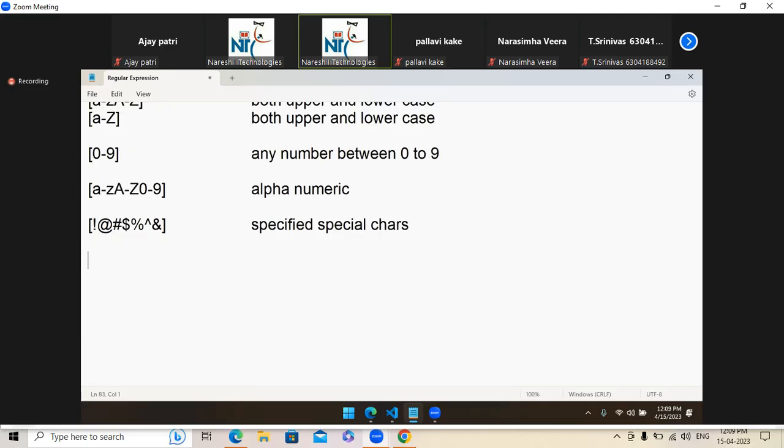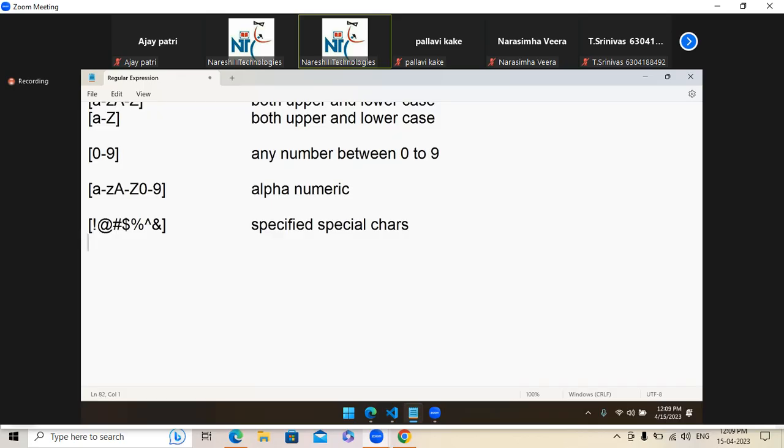So you can use slash uppercase W. Uppercase W also means all special characters. But here, what is the advantage? Here you can mention which special character. That means in special characters also, which special character you want to allow, that you can maintain here if you are writing it manually. That is the advantage of this.